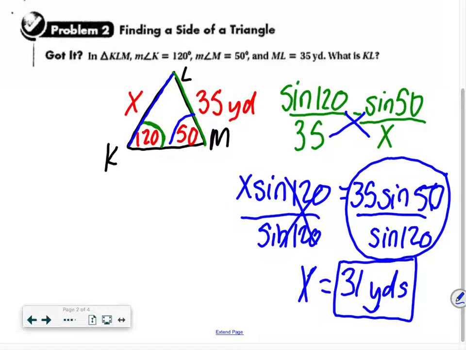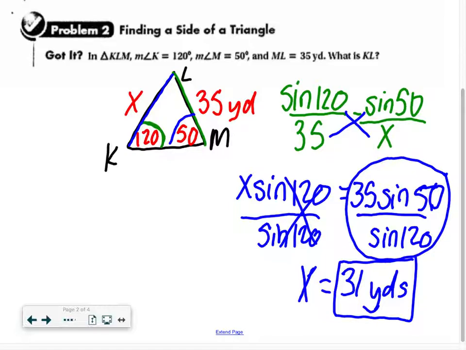Are you in radians? You have to flip the mode of your calculator. I was just dividing by sine of 120. Okay, you're good then?